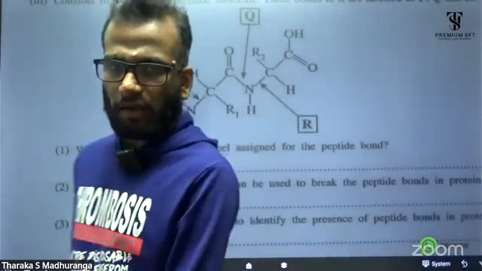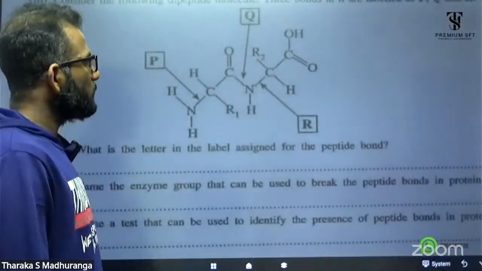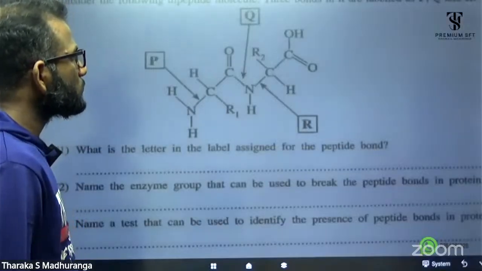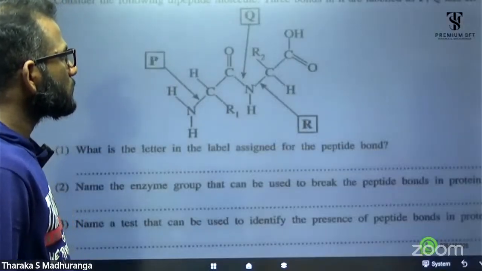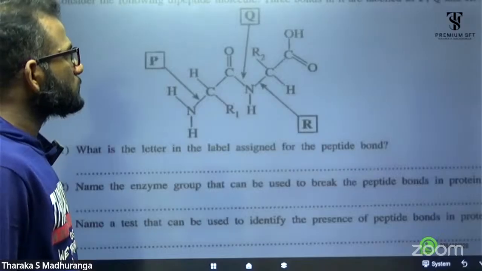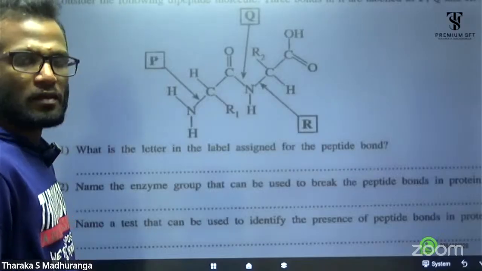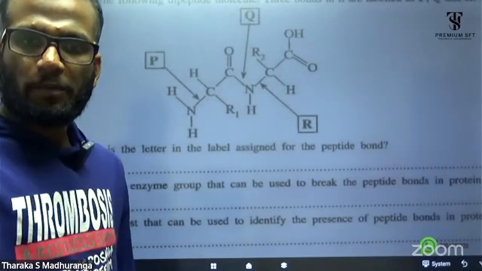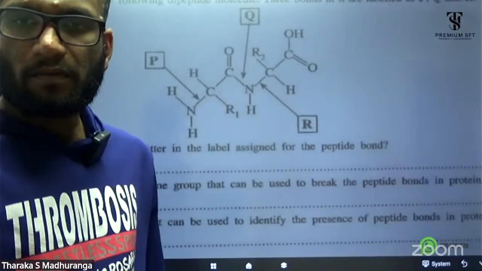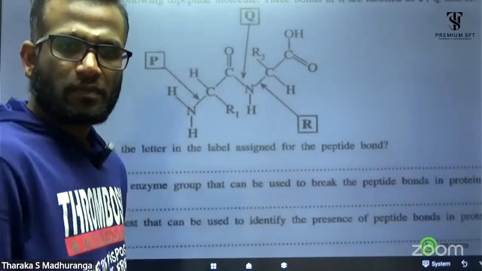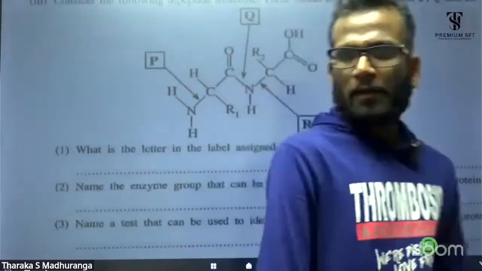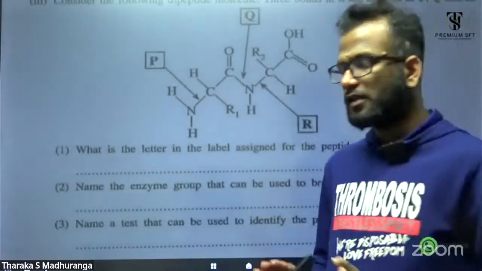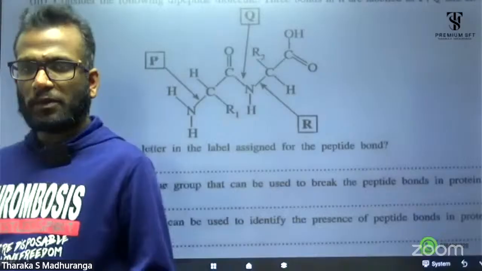Among P, Q, and R, what is the peptide bond? Others, Dihini, Fatima, what's the peptide bond?